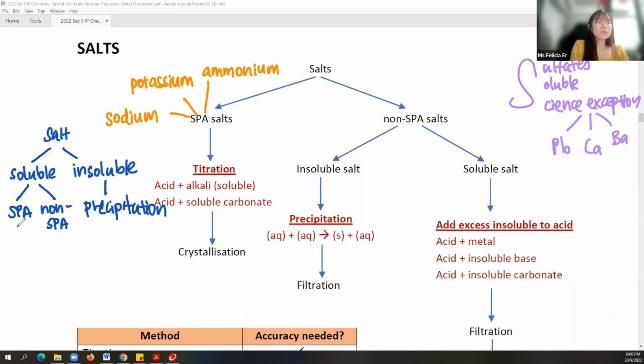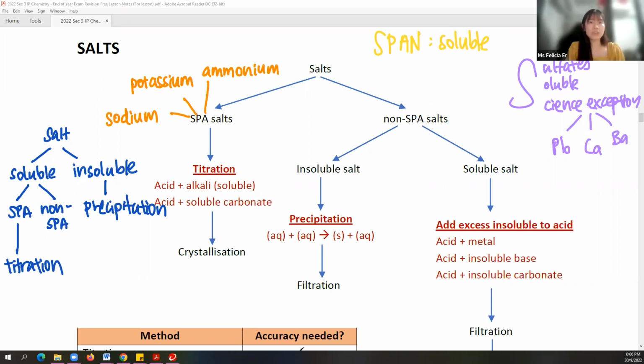So for soluble, SPA, it will definitely be titration, because as long as it is SPA, remember just like I told you, SPAN, they are always soluble. So SPA, since confirmed soluble, you do titration, because in titration, the acid and alkali in the burette and pipette are all in liquid form.